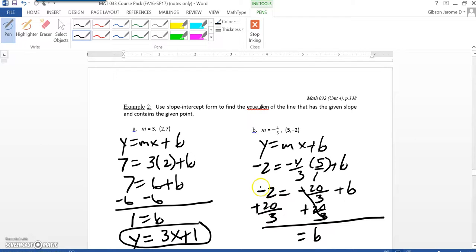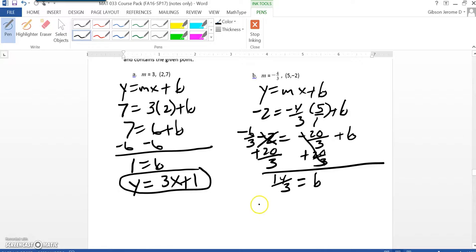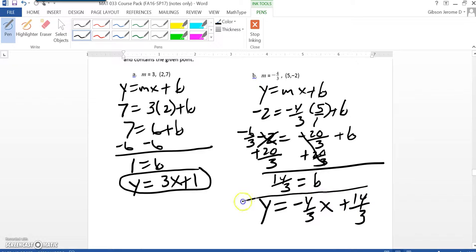So we could rewrite this negative 2 as negative 6 over 3, because negative 6 divided by 3 is negative 2, and we need a common denominator. Negative 6 plus 20 will give us 14 over 3. So our b is 14 over 3. So our final answer would be y equals negative 4/3 x plus 14 over 3.